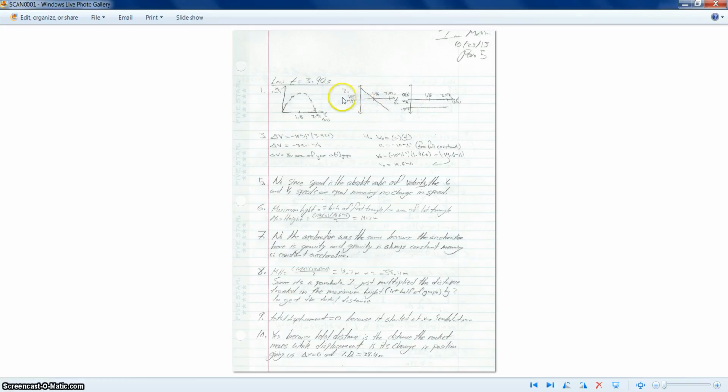And then as the rocket began to fall, it began to increase in speed in a negative direction, making it a negative velocity with increasing magnitude, as we see right here.